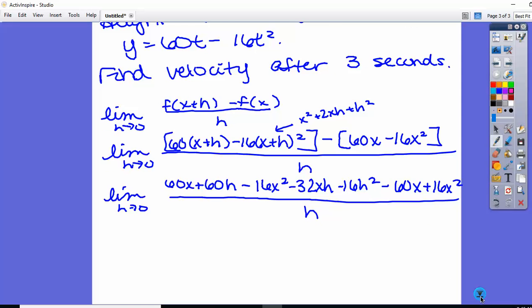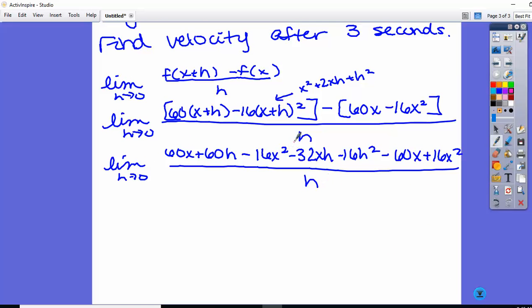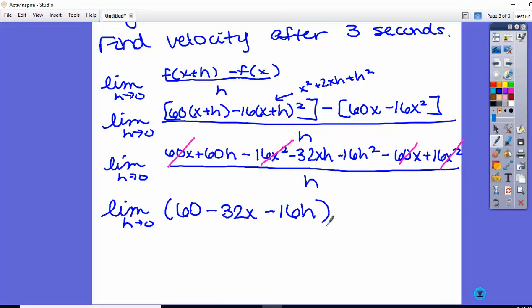At this point, we look for things that can cancel. So the 16x squared drops, the 60x's drop. Everything that's remaining has an h in it, so we can cancel an h out. That gives us 60 minus 32x minus 16h. If I plug in a 0 for my h, I get 60 minus 32x.